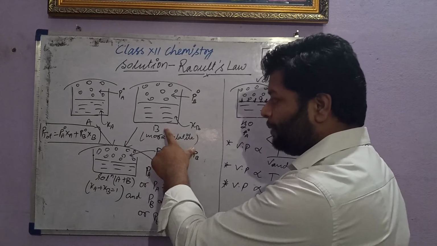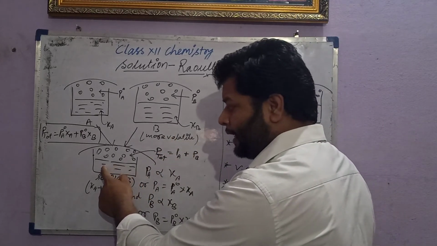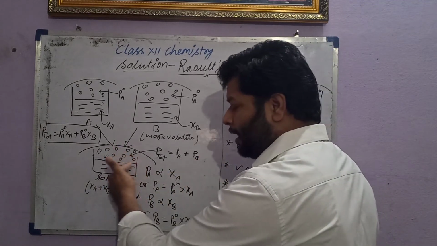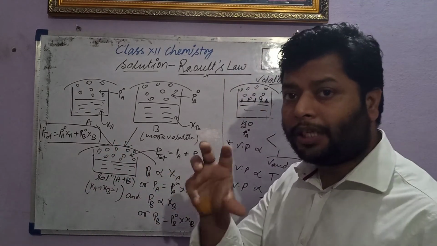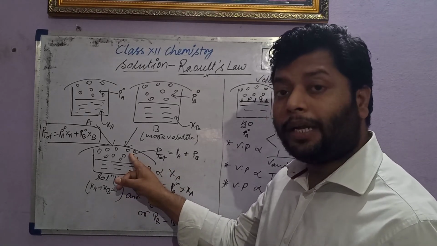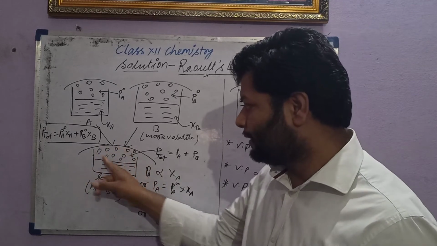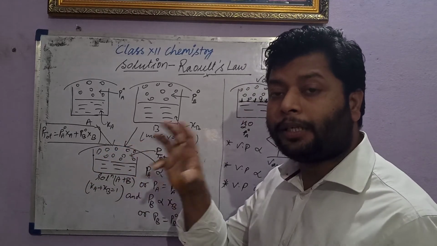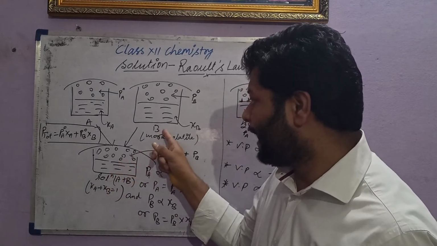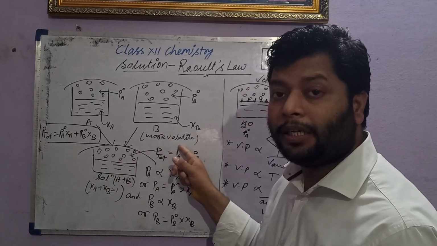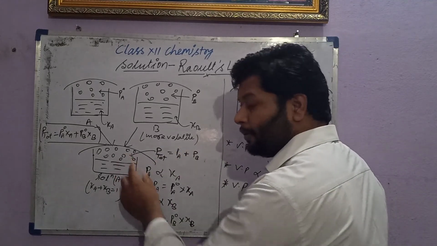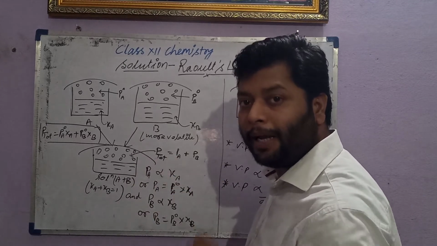Out of components A and B, B will be easily evaporated, so in the vapor there is a larger fraction of B than A. The molecules in the vapor phase must be greater in number for B, because B has greater volatility and greater escaping tendency.